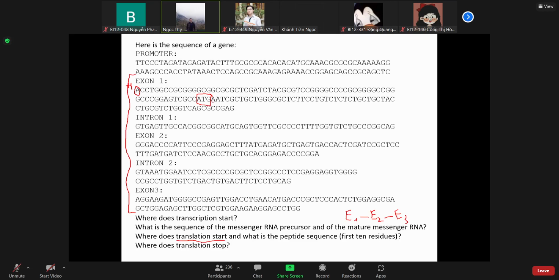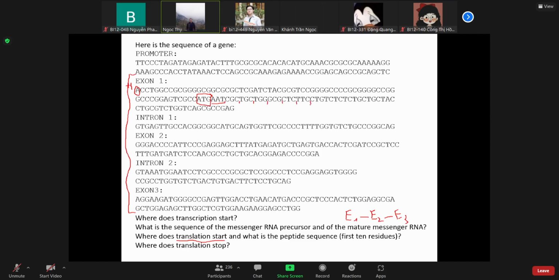And what is the peptide sequence? Can you put it in the chat box for me? So we have ATG coding for methionine. We have the next triplet here, next triplet here, here, here. So you can use the universal code.